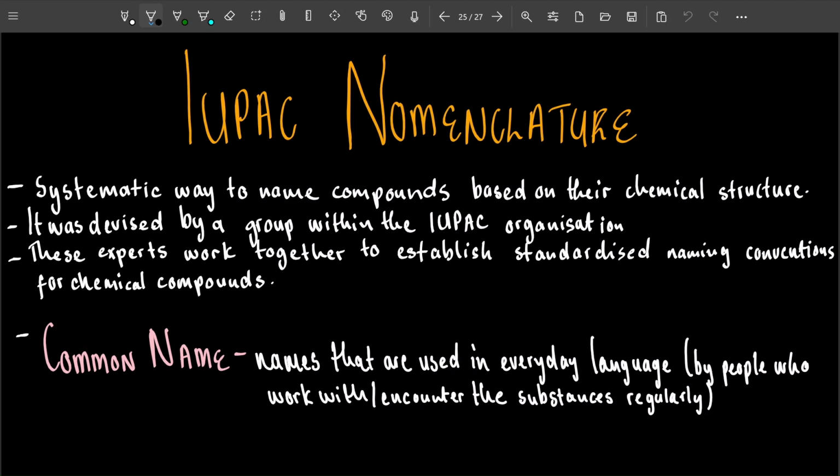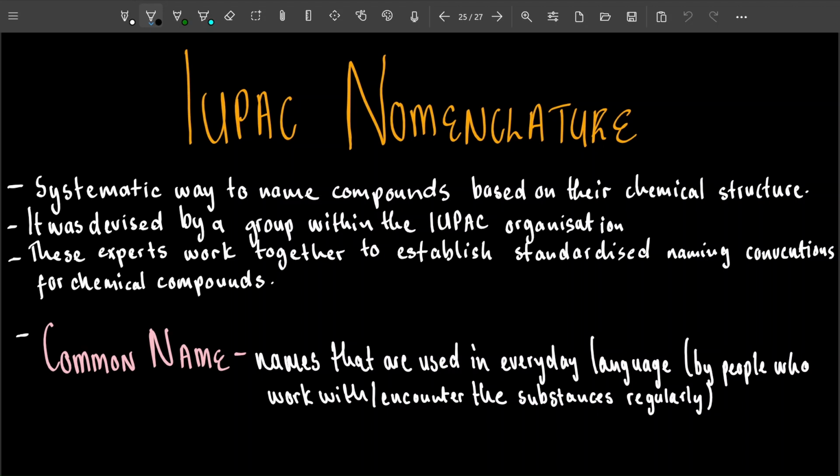IUPAC is an organization. It's called the International Union of Pure and Applied Chemistry. Basically, it's a bunch of chemists from all around the world that came together and wanted to combine their knowledge and do something worthwhile.